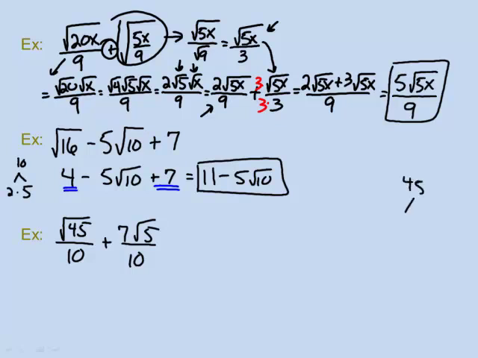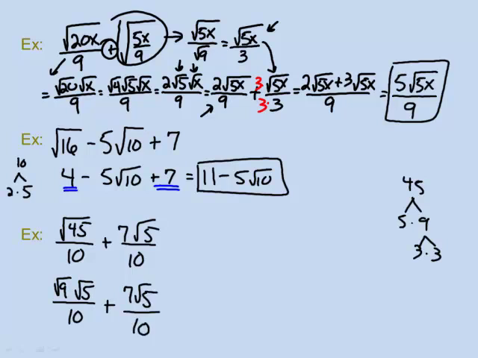45 will break down. 45 is 5 times 9, and 9 is a perfect square. It's 3 times 3. So break 45 down, and we've got the square root of 9, or the square root of 3 squared, times the square root of 5, 9 times 5 is 45, divided by 10, plus 7 square roots of 5, which cannot be simplified, divided by 10.